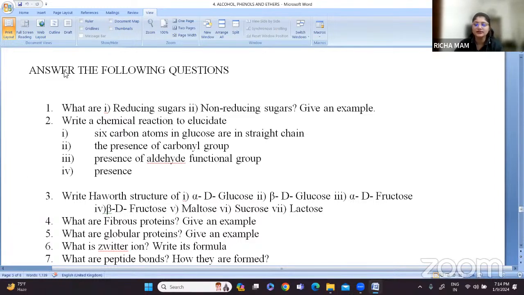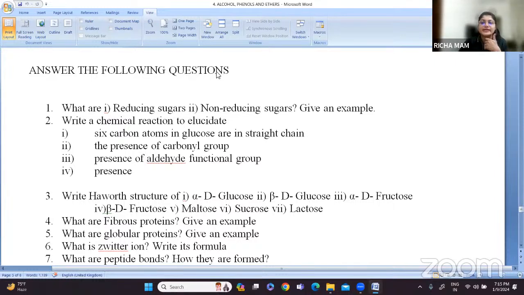They have an anomeric carbon, because the anomeric carbon has an OH group. Anomeric carbon means the OH group can be on the right-hand side or the left-hand side. Because it has an anomeric carbon, it can reduce Tollens' reagent and Fehling's solution.